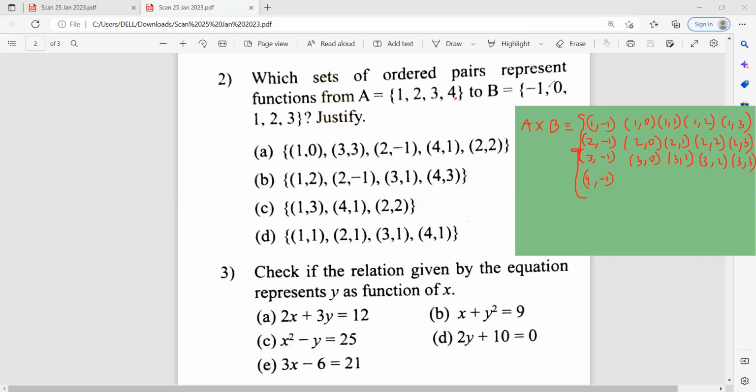See, 4 from set A, 4 0, 4 1, 4 2, 4 3. Okay, this was A cross B.